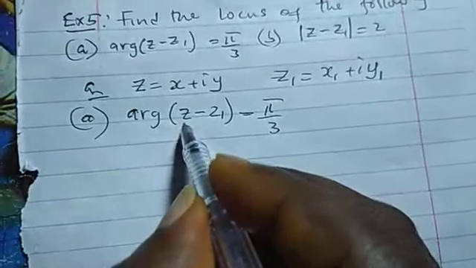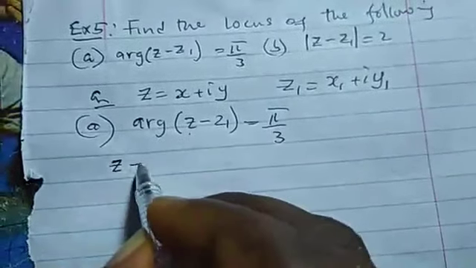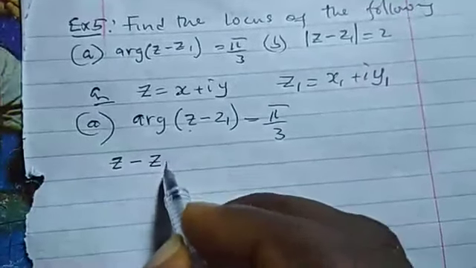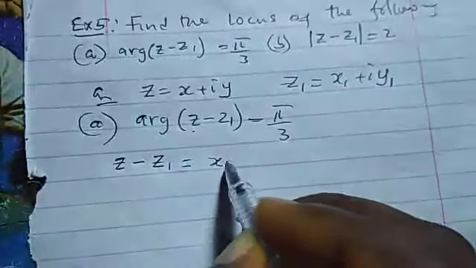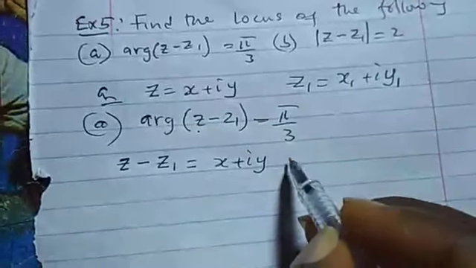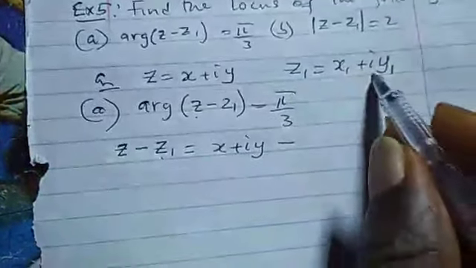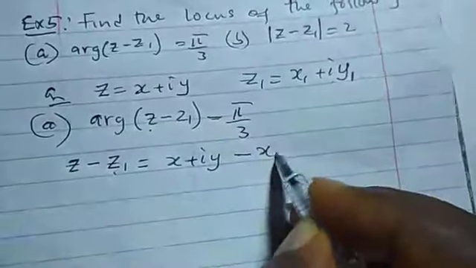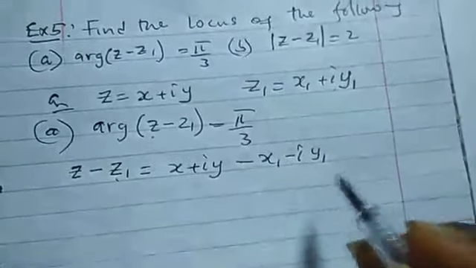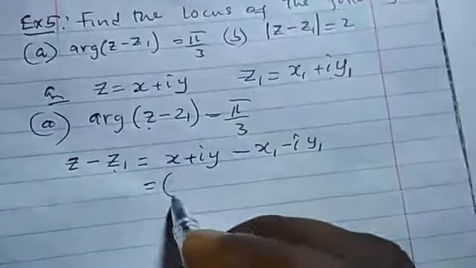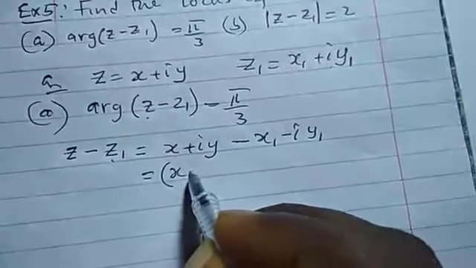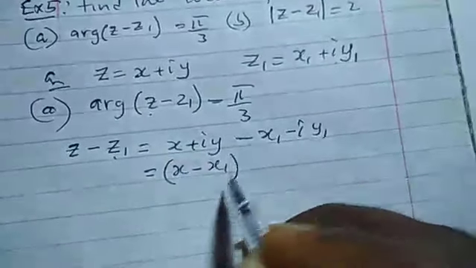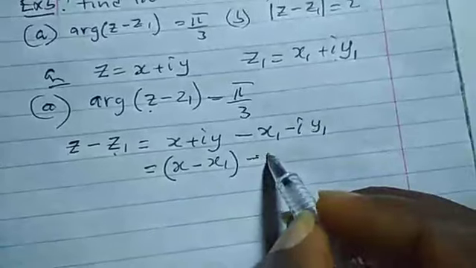The question is, what is z minus z1? Let us first find it. Our z is x plus iy. The minus z1, that is minus this, will be minus x1 minus iy1. So we take the real part, that is x minus x1, and the imaginary part, i is common.